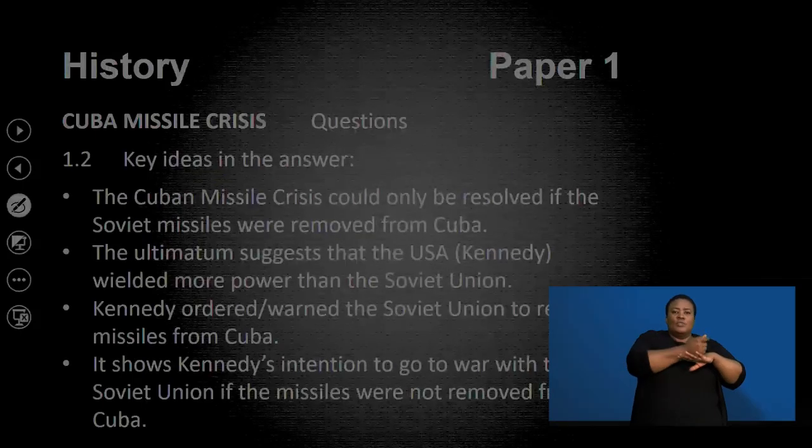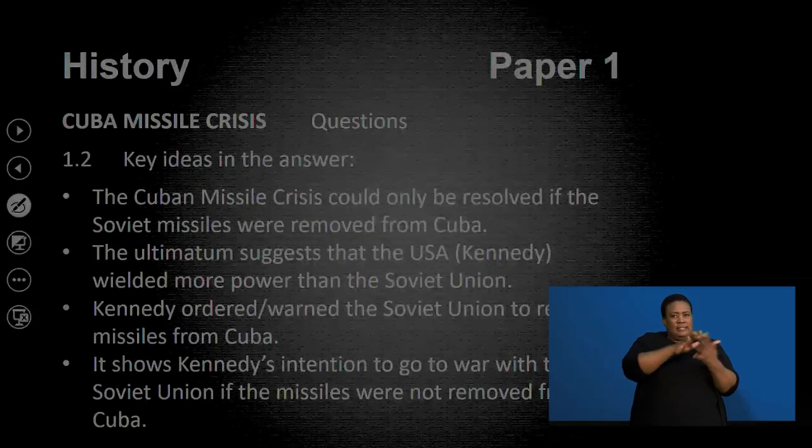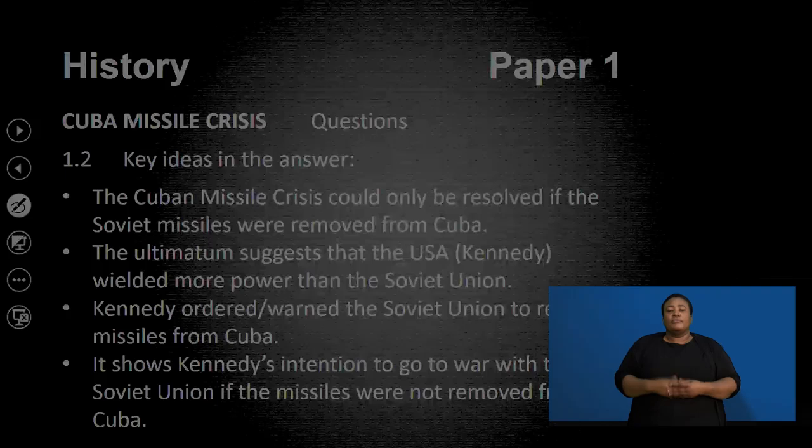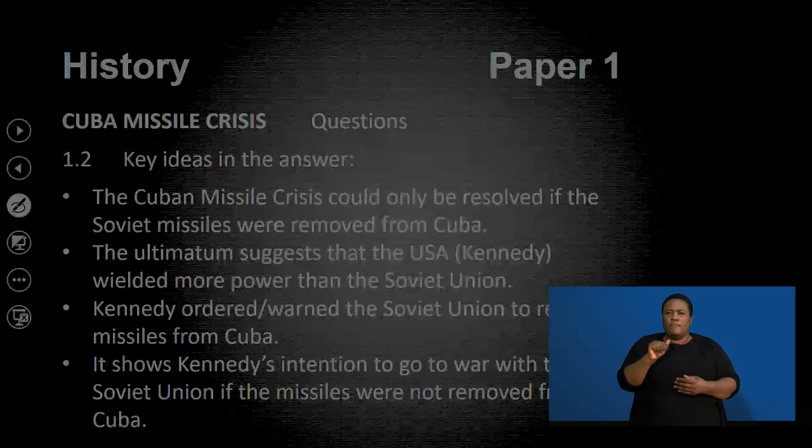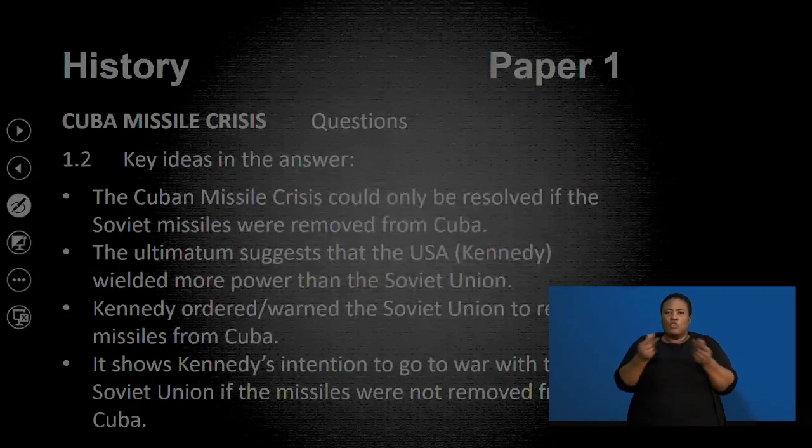So if we look at some key ideas in your answer here, it's that the Cuban Missile Crisis could only be resolved if the Soviet missiles were removed from Cuba. The ultimatum suggests that the USA, Kennedy, wielded more power than the Soviet Union. Kennedy ordered or warned the Soviet Union to remove missiles from Cuba.